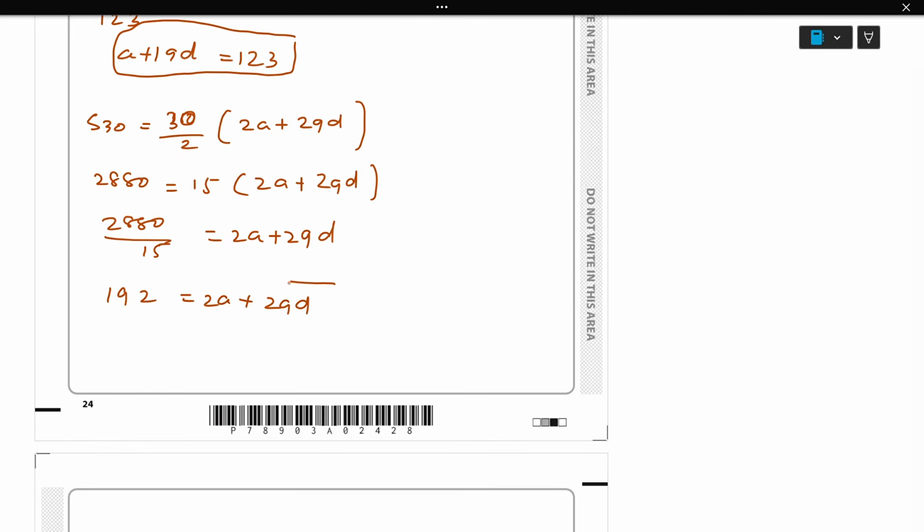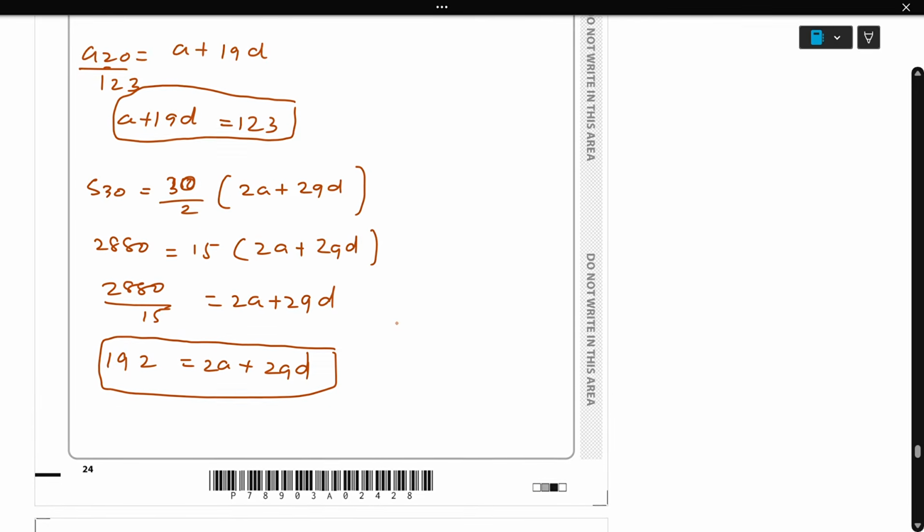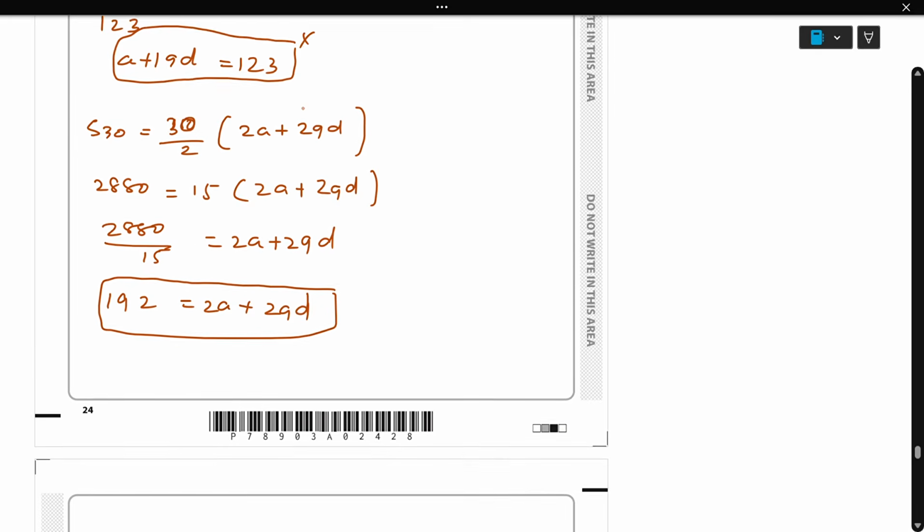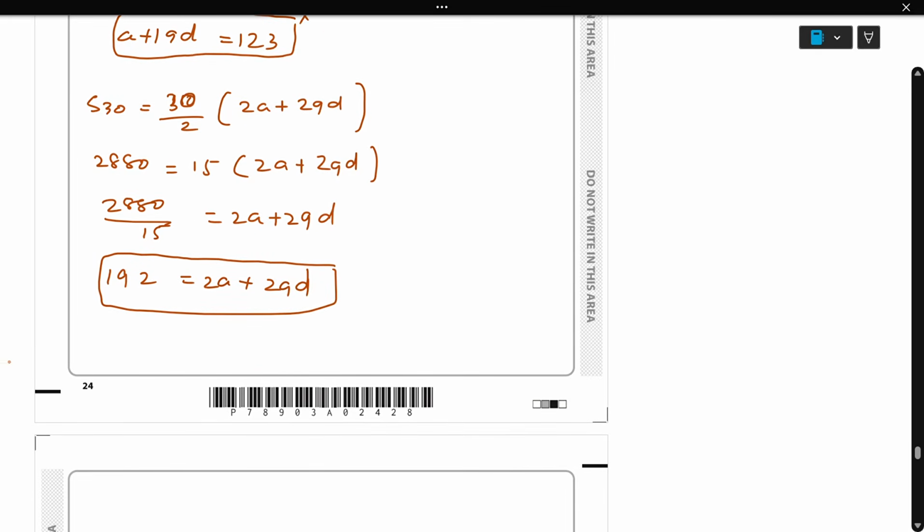So 2880 over 15 equals 2a plus 29d. Here this is 192, so 192 equals 2a plus 29d.